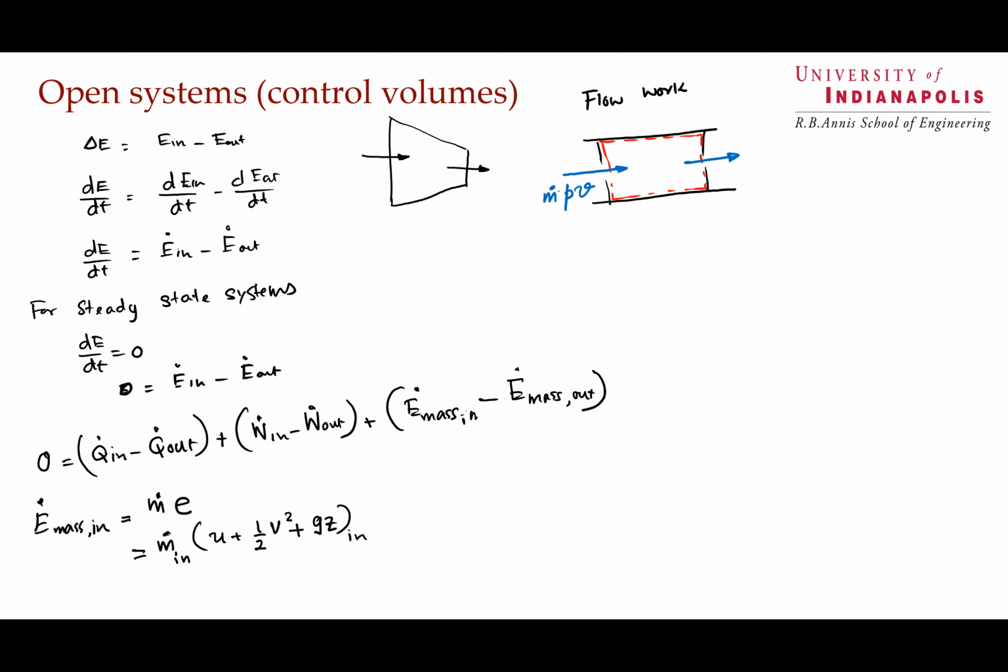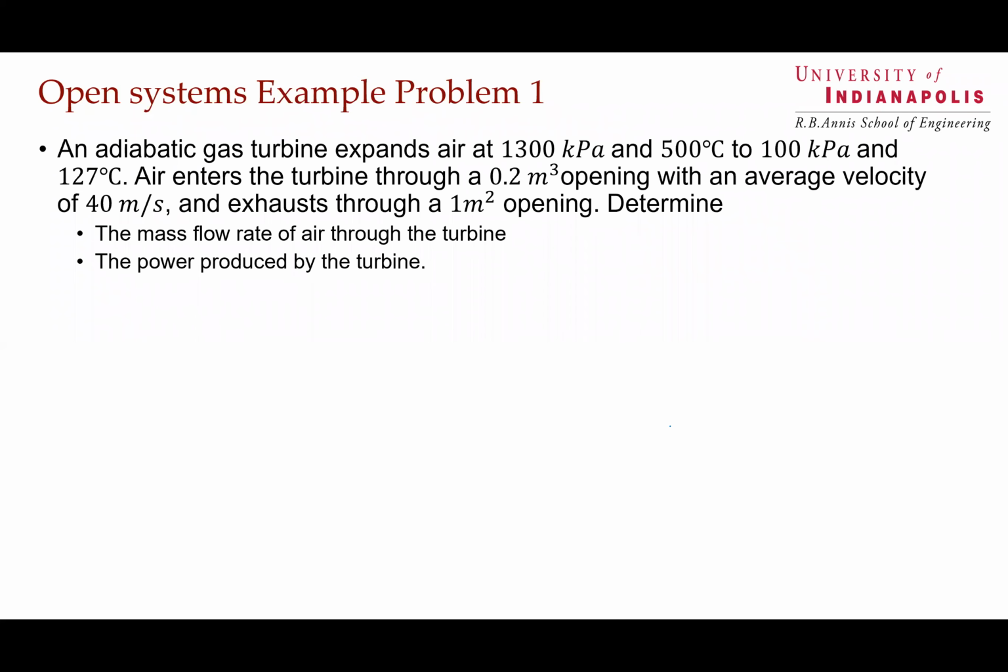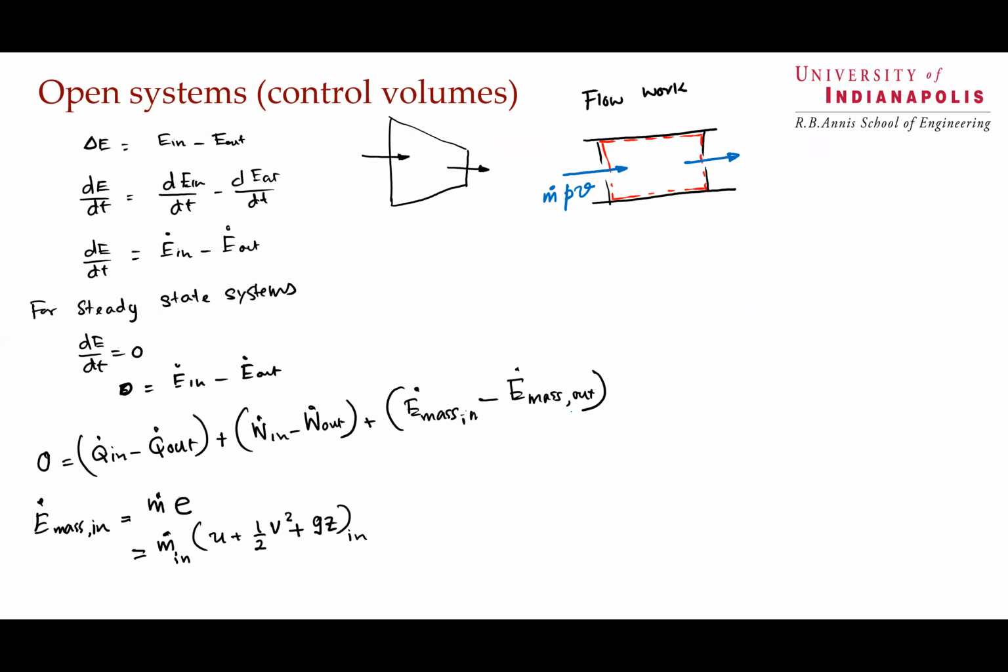Here also it is m dot PV. This is out, this is in. So in is work input, out is work output. That should also be added to this equation.